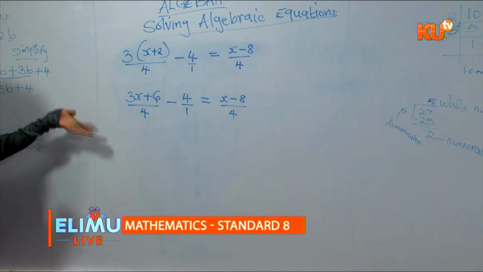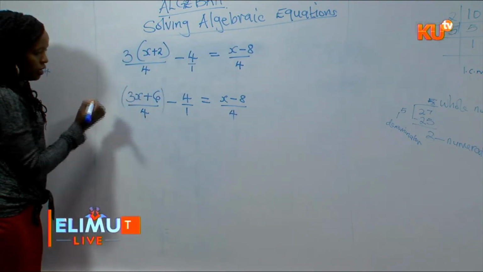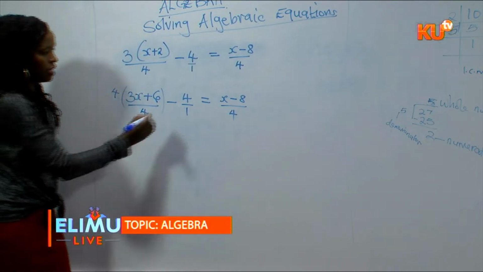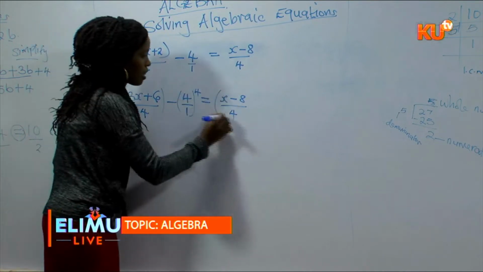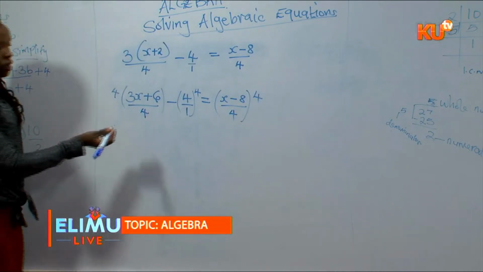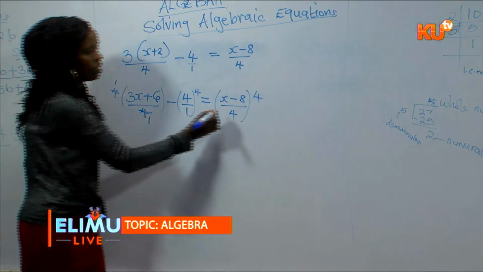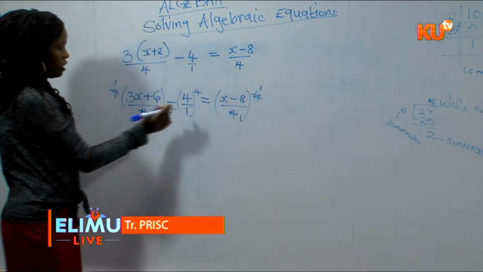All the fractions now, we multiply by the LCM. So this one, you can put your own brackets, multiply by 4. Then this one by 4. The other fraction, we multiply by 4. By 4, 1. By 4, 1. This one we can't simplify because this is 1.